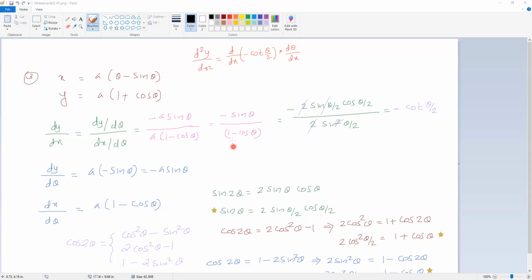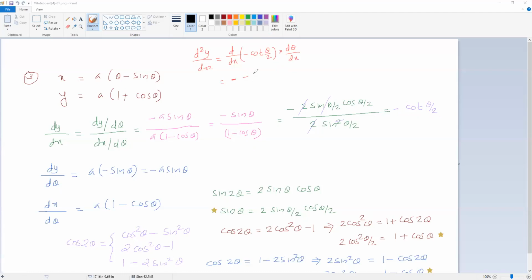If you simplify only up to this step, minus sin theta by 1 minus cos theta, then when you find the derivative of that, you have to apply the quotient rule and all those things. But once you simplify that, it is just one term, minus cot theta by 2, and you can easily find the derivative. So here, the derivative of cot x is minus cosecant square x.